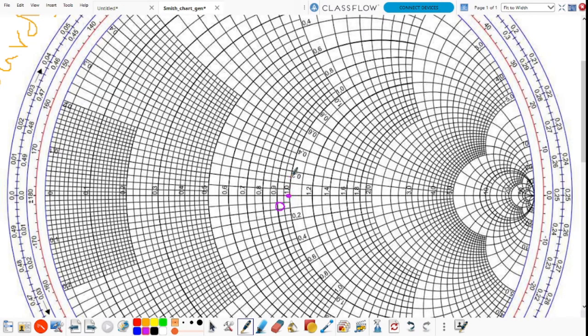In the Smith chart, mark the normalized load impedance.